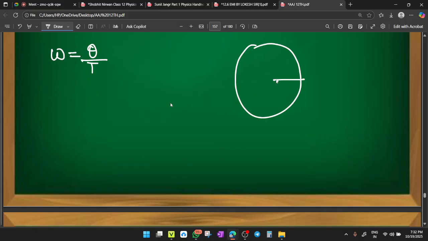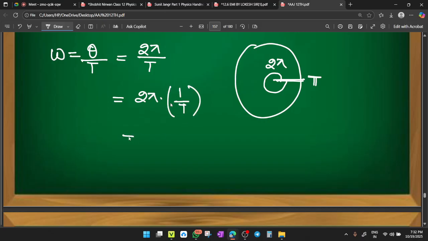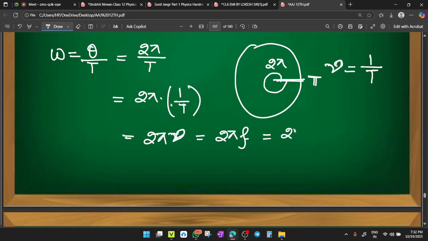For a complete revolution, the total angle is 2 pi and the total time is capital T, so this is equal to 2 pi upon T. Now it can be written as 2 pi into 1 by T, and 1 upon time period is called linear frequency nu. Somewhere it is also called f, and in chemistry it is known as n. All the terms refer to the same meaning. This is called linear frequency.